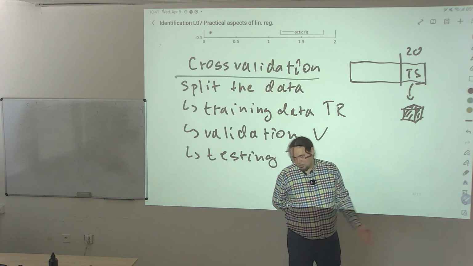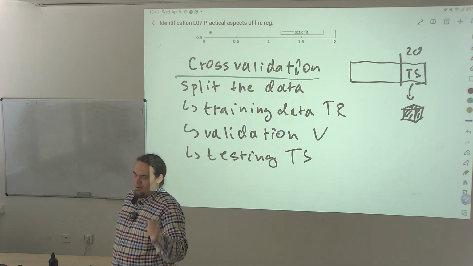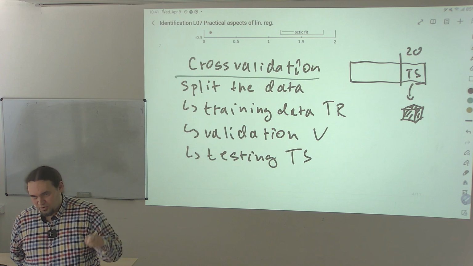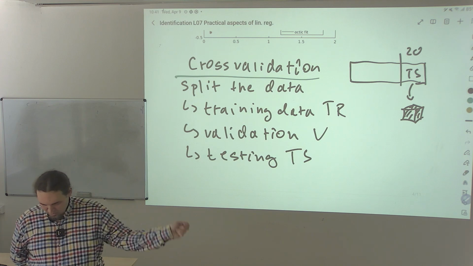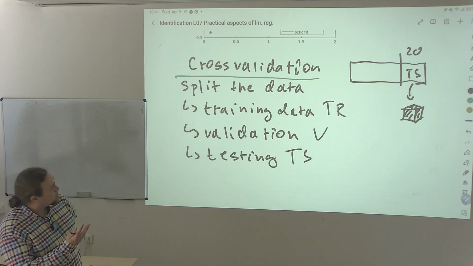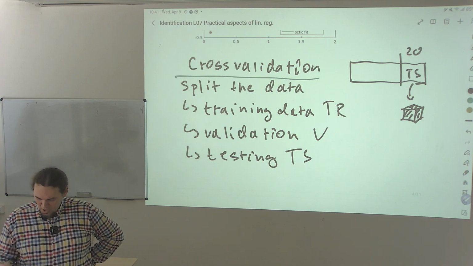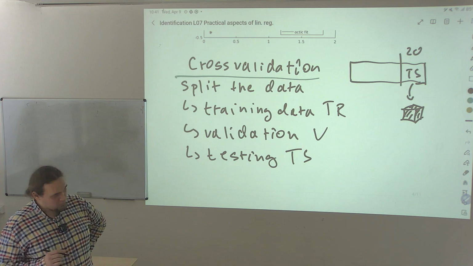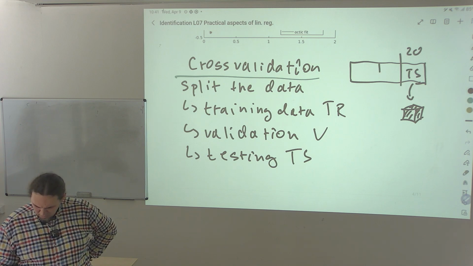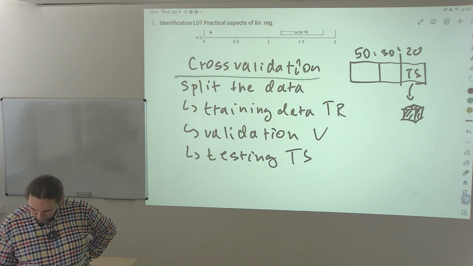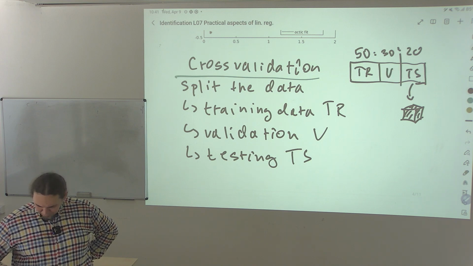They will be used just for the final assessment. They are the final stamp. Like if I start to use my model in the daily production of a factory, then this will be the performance. The rest of the data will be split again, I don't know, 50 to 30, between the training and validation.